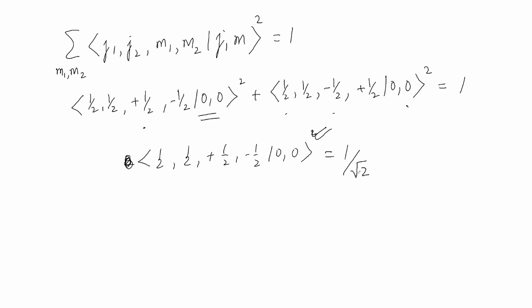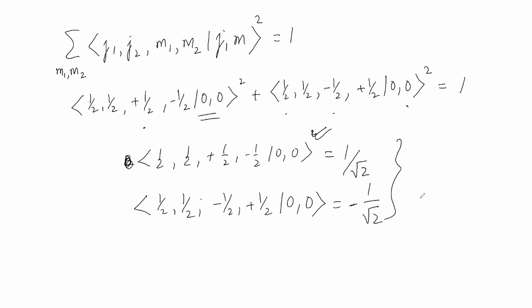Because this was the square, when I bring this to the right hand side, this will become 1 by root 2, and the other one, half half minus half plus half 0 0, has to come with a negative sign, minus 1 by root 2. Therefore, this positive sign is decided by phase convention, and once we decide this, since the other one has to come with a negative sign, this value is minus 1 by root 2.